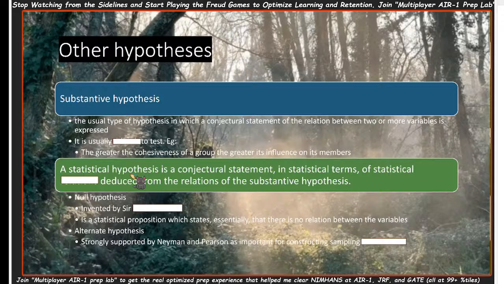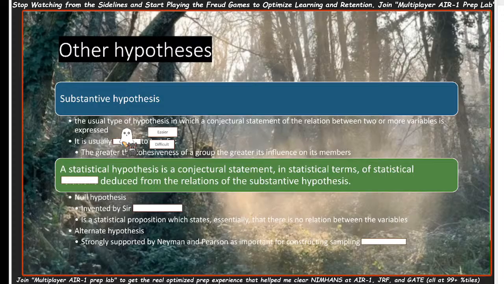So you don't mention much there. So it is very difficult to test. Substantive hypotheses are very vague, so they are pretty difficult to test. Statistical hypotheses, on the other hand, are about statistical significance, but we talk about statistical relationships which we deduce from these hypotheses. So we test it for significance.